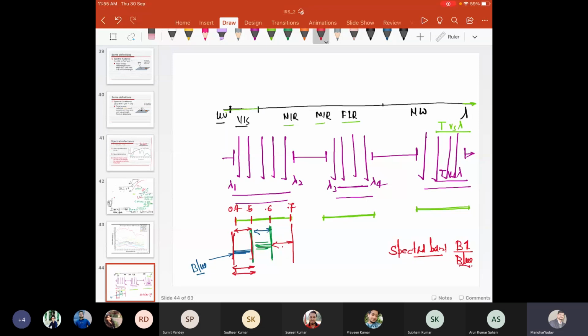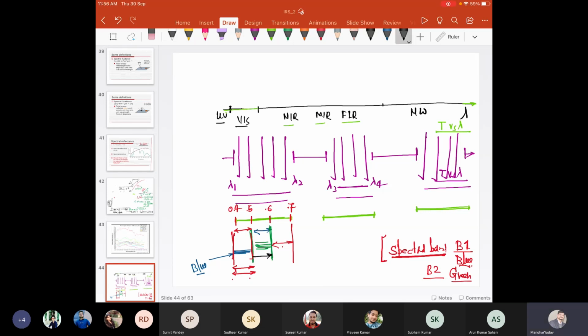It is designed in the blue band. So there is a kind of band pass filter in this sensor that only allows energy to pass through 0.4 to 0.5 micrometer. Then we design the second band B2, that is the green band.